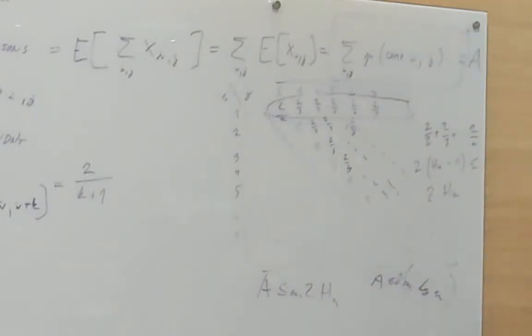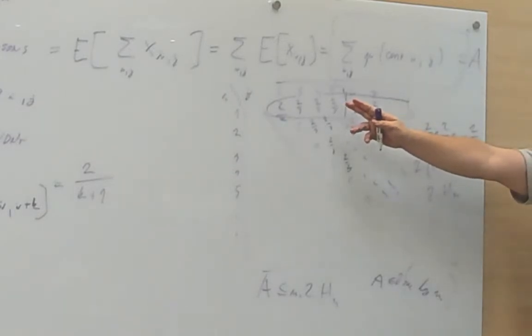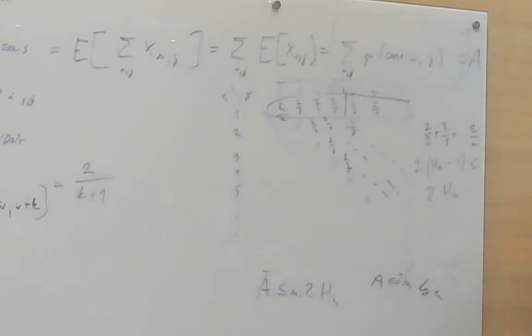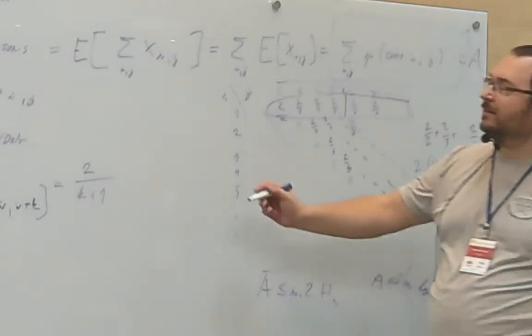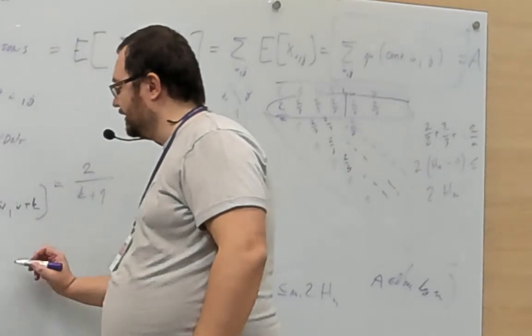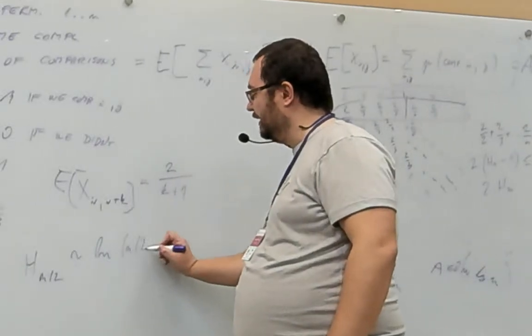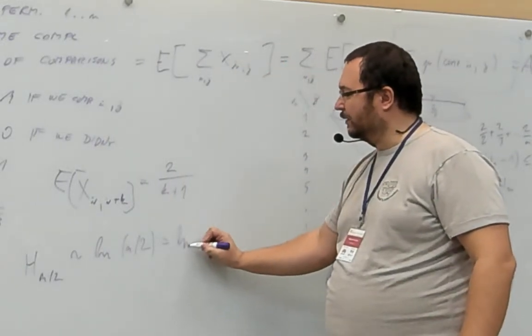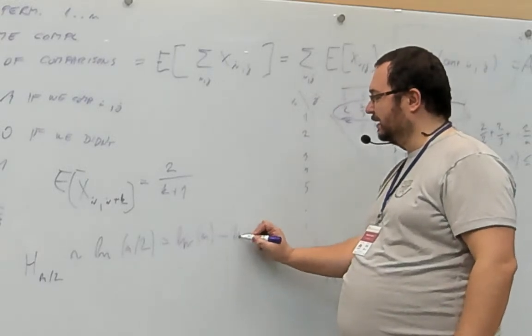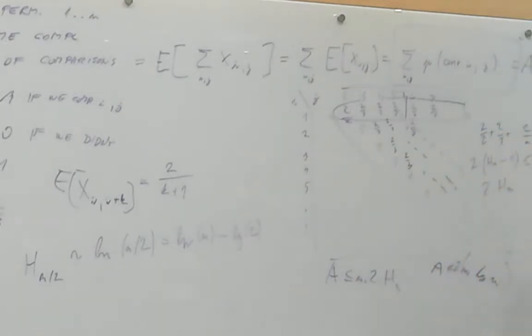If you want a corresponding lower bound, you can note that if you sum up just the first half of the table, you will get not twice Hn, but you will get twice Hn half. And Hn half is roughly the logarithm of n half, which is the logarithm of n minus the logarithm of 2, and this is just a constant, so again we can ignore the constant.